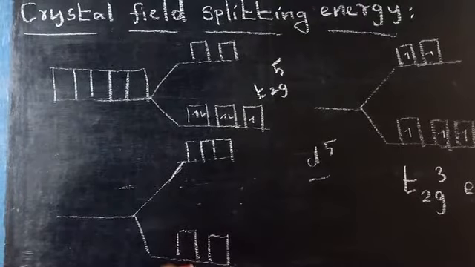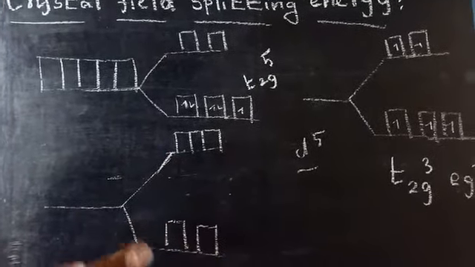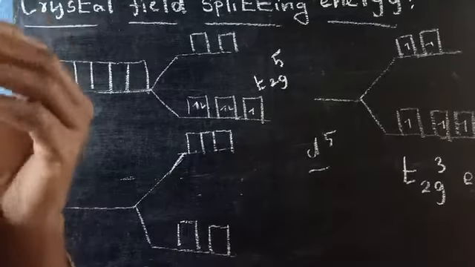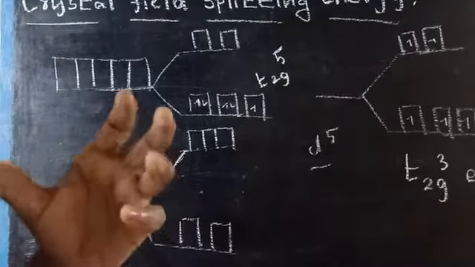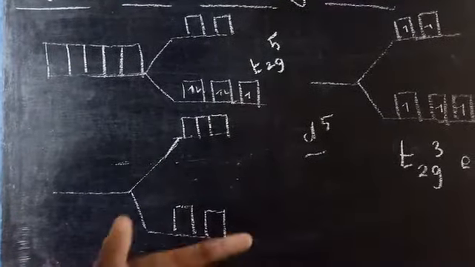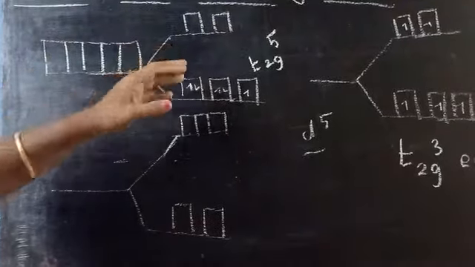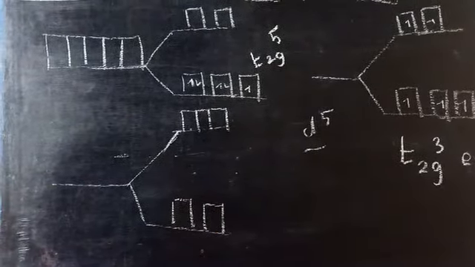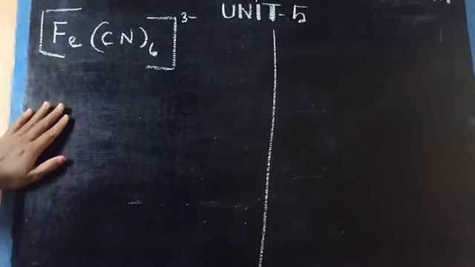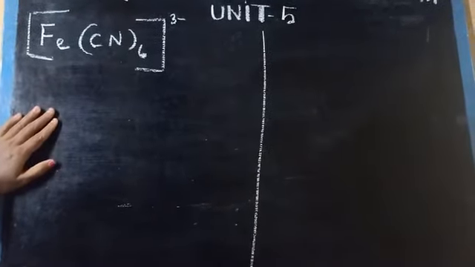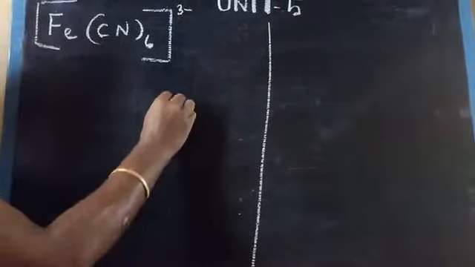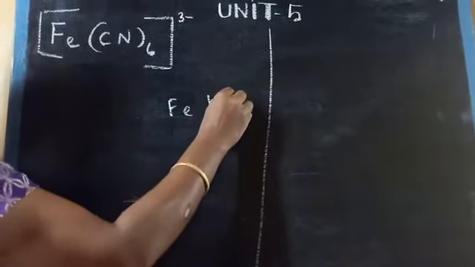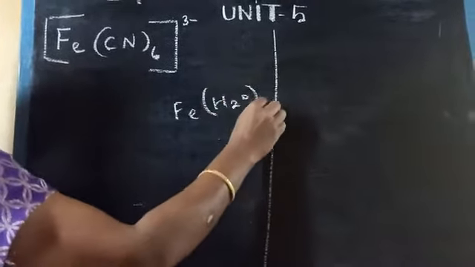Okay, so now I give one example: [Fe(CN)6]3-, CN is a strong ligand. So now we apply the low spin as well as high spin, and next we come to the conclusion which one is favored. In the previous video we saw the example [Fe(H2O)6].